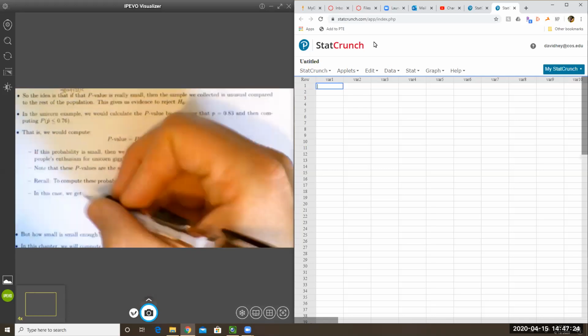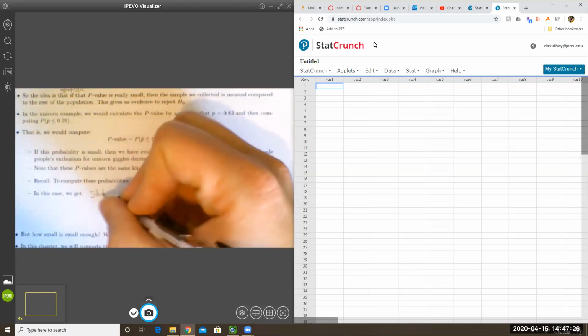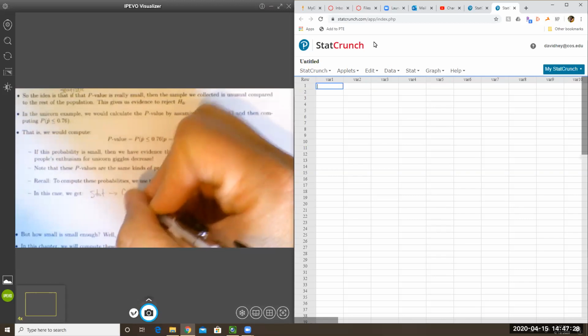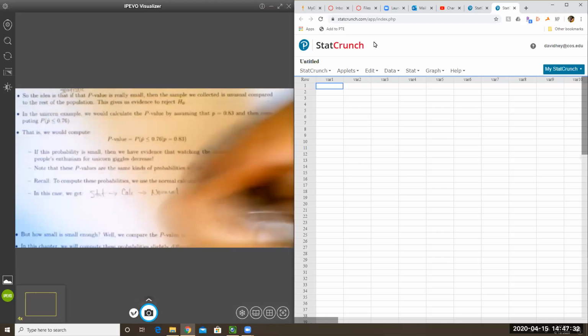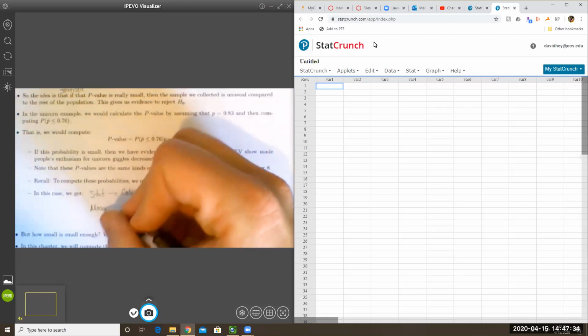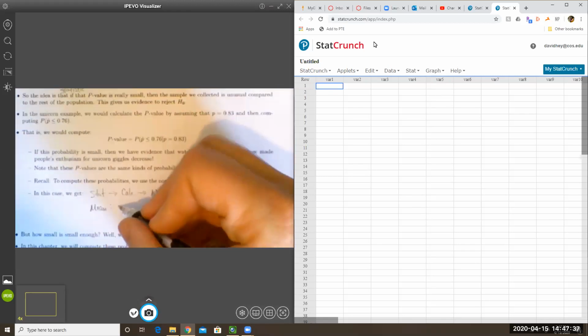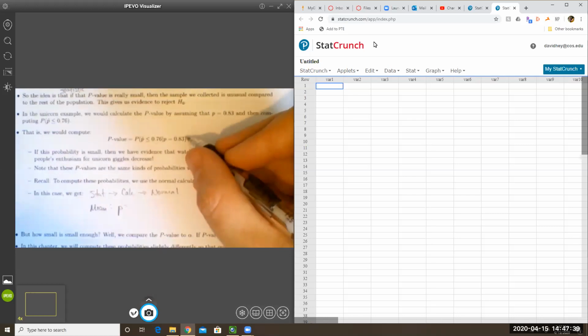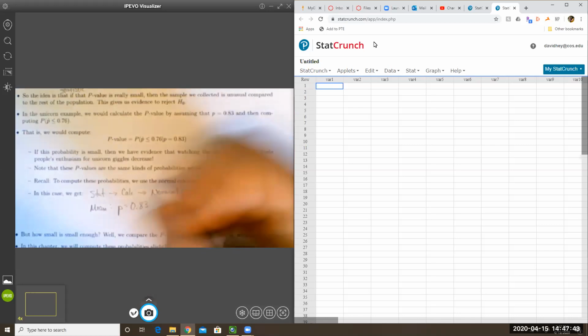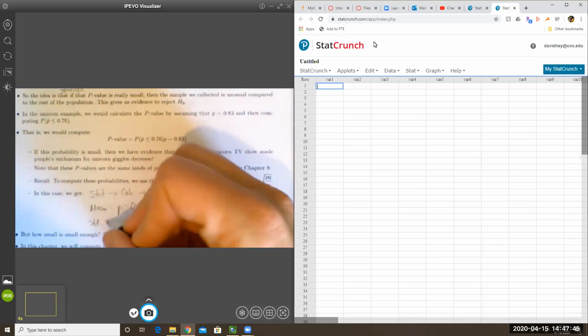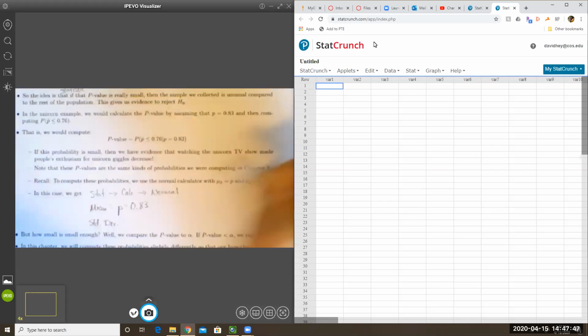We're going to go to stat, calculators, normal. For the mean, we're going to put in p, which we're assuming is equal to 0.83. For the standard deviation, we're going to put in sigma sub p hat.